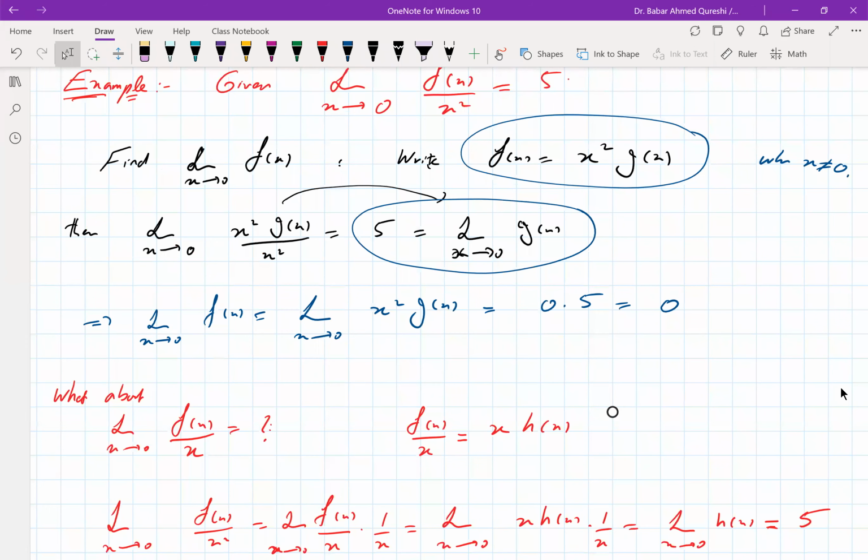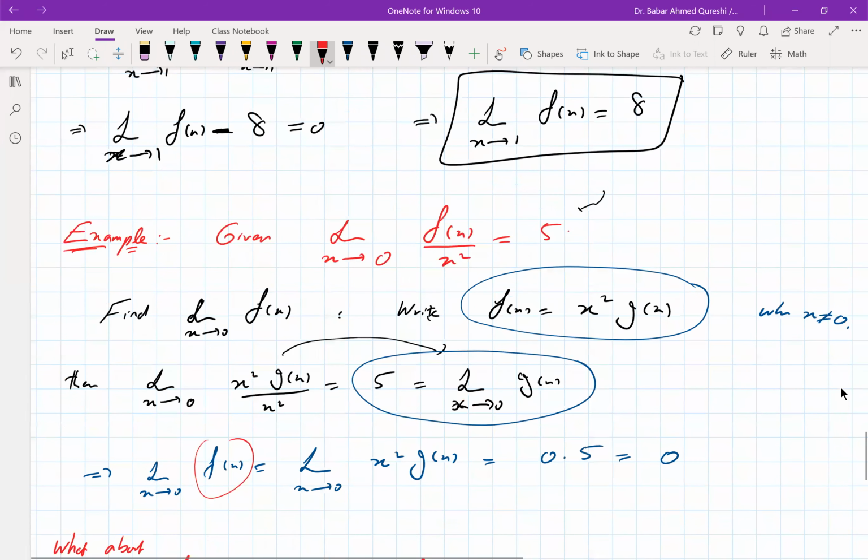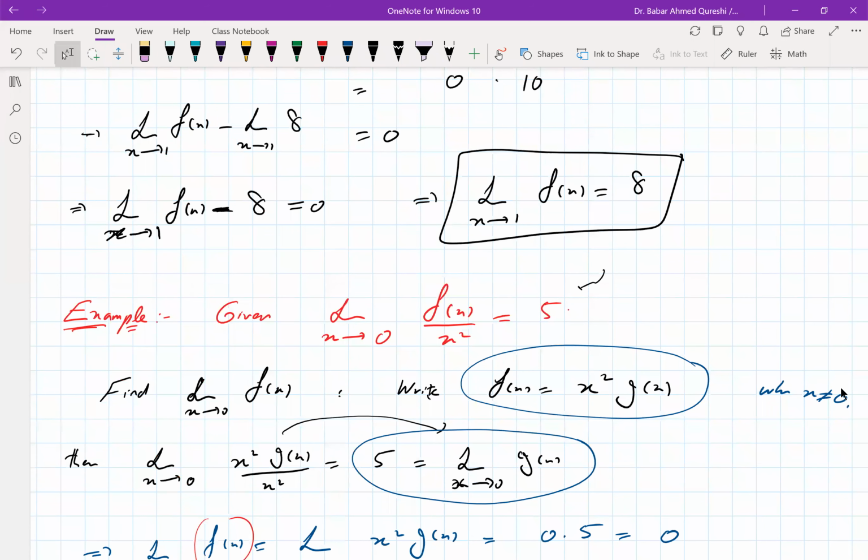So if you look at this pattern, we used simple rules of limit. But what we can see over here is that when I had a division by 0, then to get a finite answer, I always needed some 0 upstairs, a limit which had a 0 upstairs.